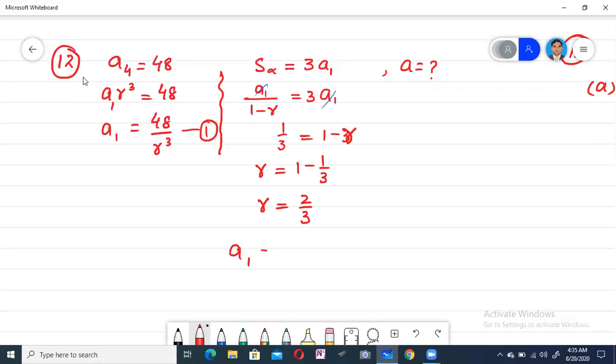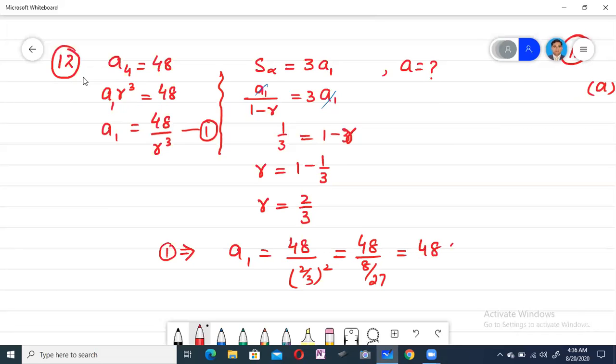Equation 1 implies that A1 is equal to 48 divided by R, which is 2 divided by 3, cubed. Then it will be 48 divided by 2 cube is 8, 3 cube is 27.